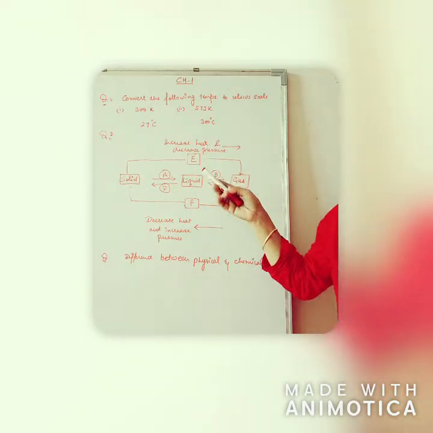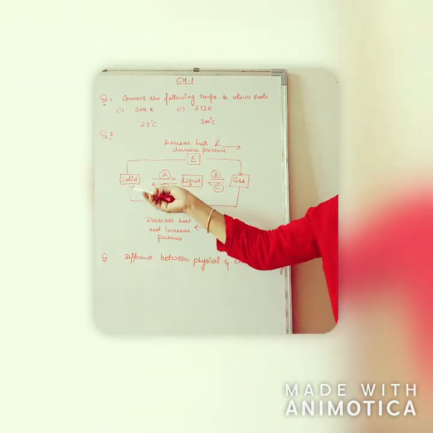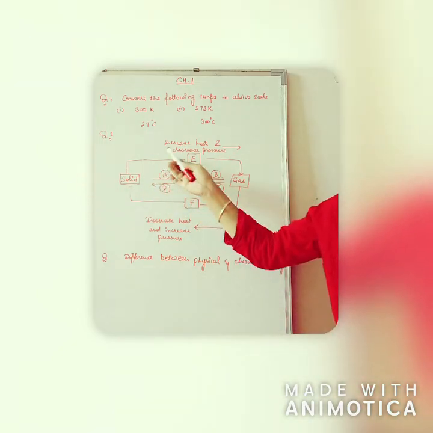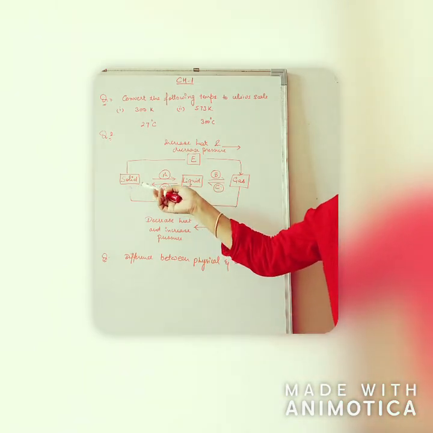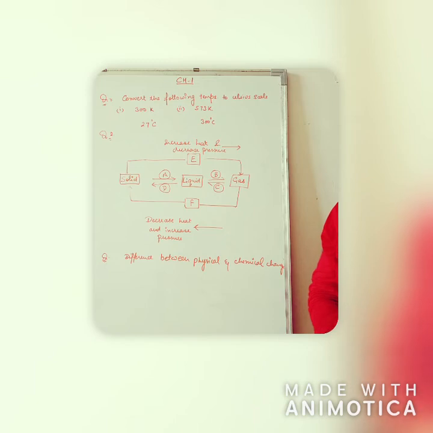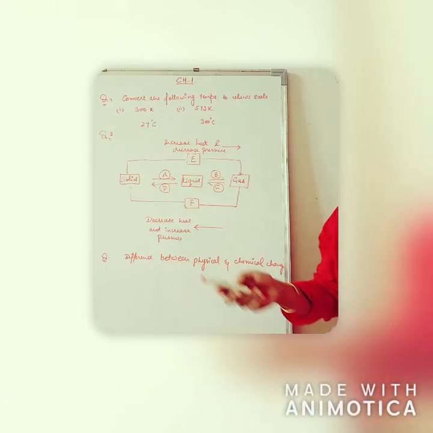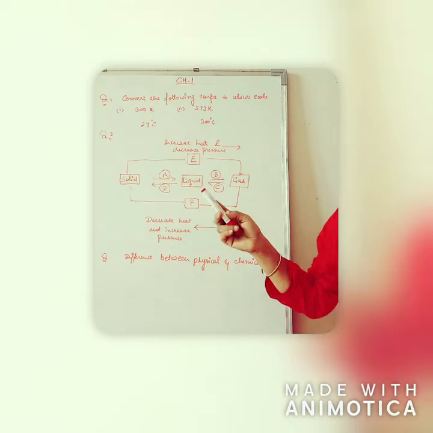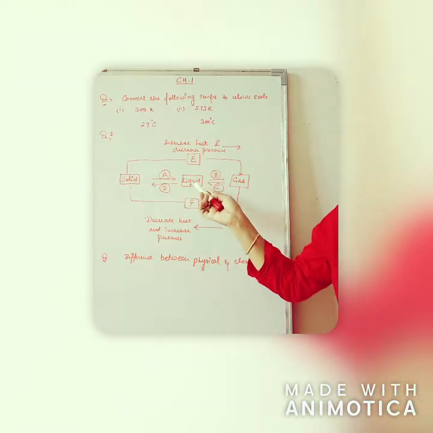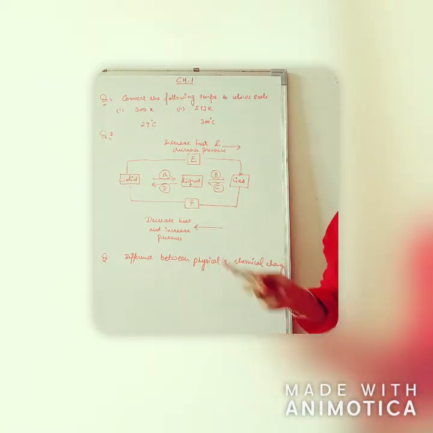While you are supplying heat to the solid, it is getting converted into liquid. Suppose you have a solid in a container and you are increasing the temperature and decreasing the pressure. The solid will be converted into liquid and this process is called fusion, where because of heating, melting is happening.